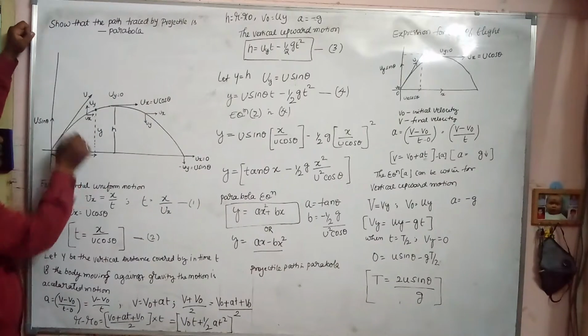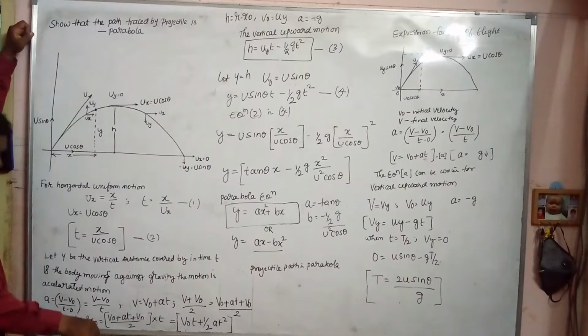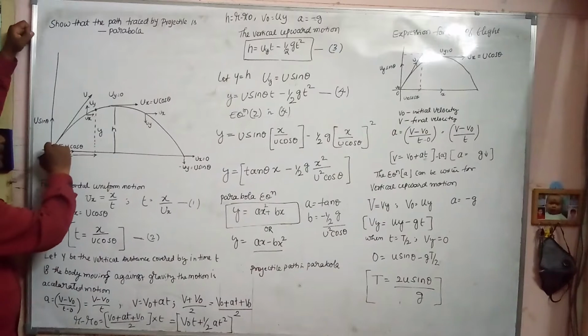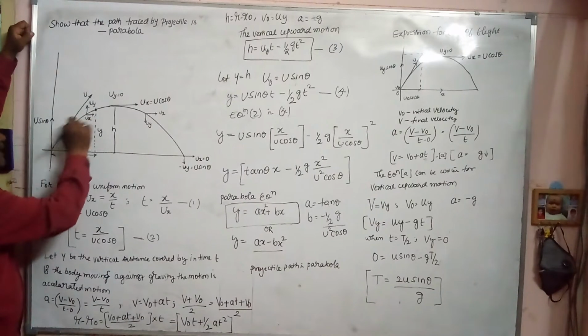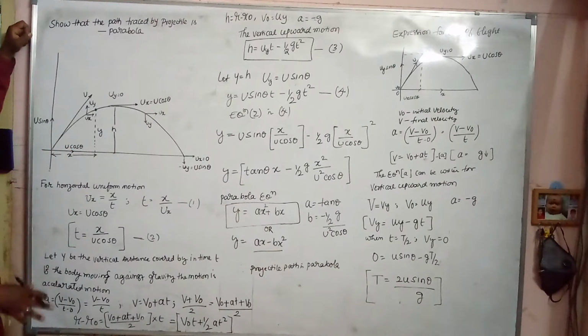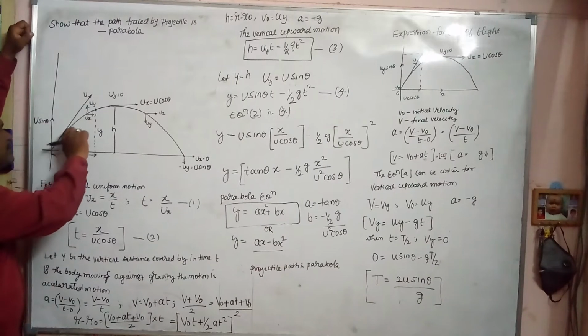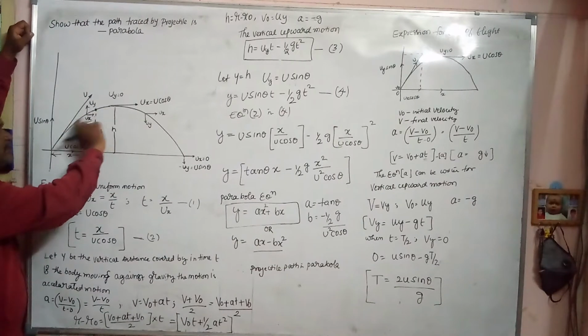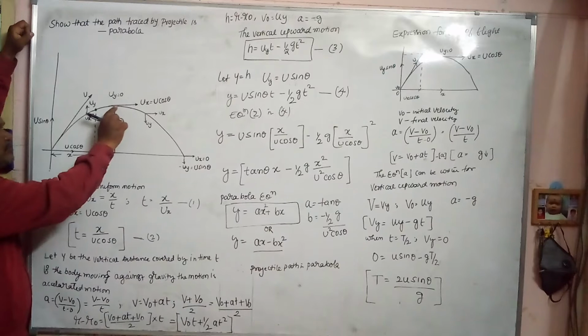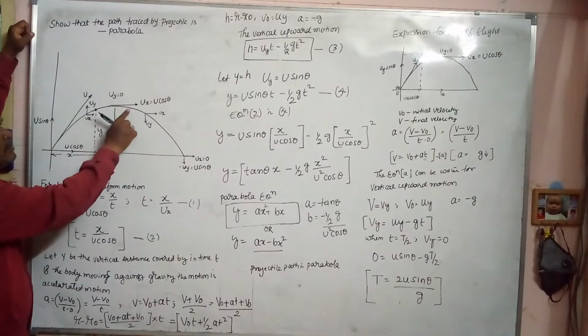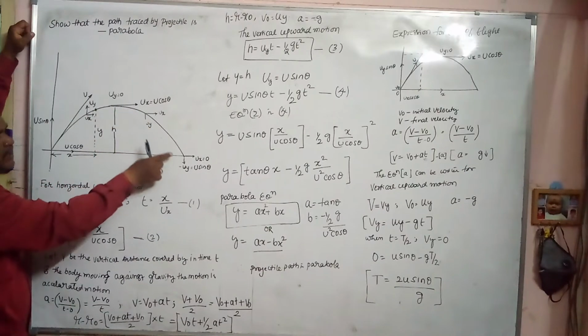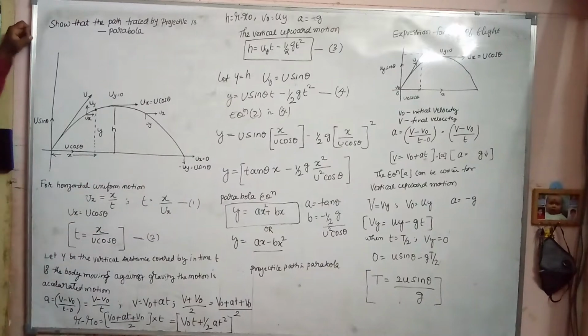This is going against gravity, so the speed must be more than the gravity effect. Only then can it move like this, and the velocity will differ, and it will come to a position normal to the ground, and then it will take a path and fall on the ground.